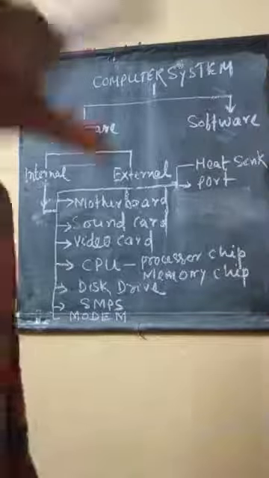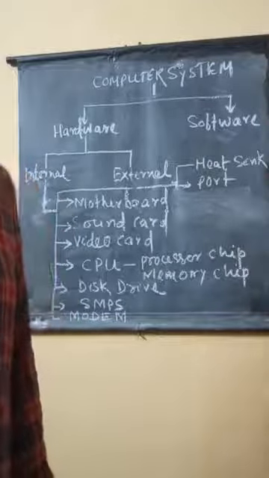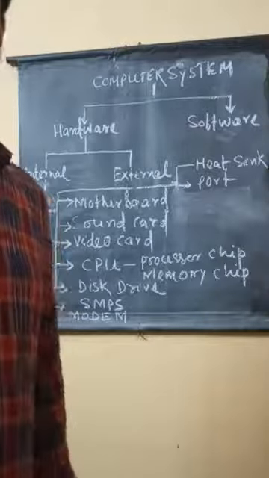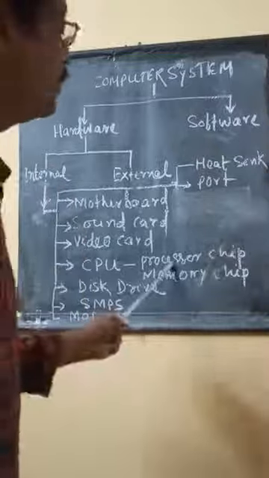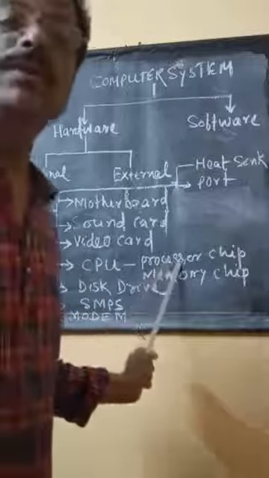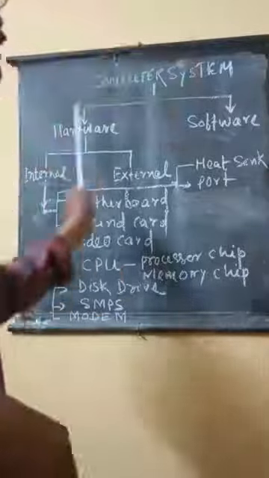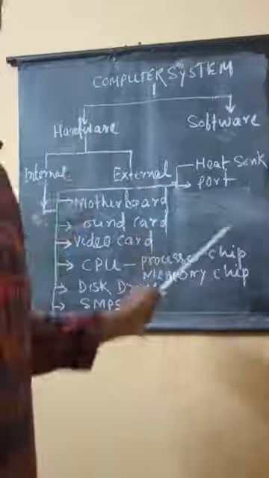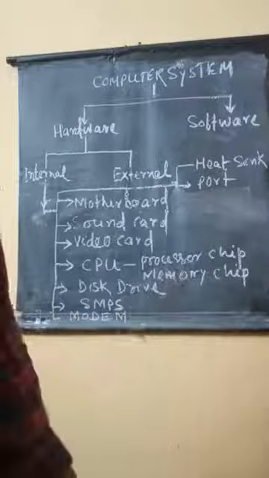It controls the entire device, just like in our human body, the brain controls all the organs of our body. In that manner, the control unit is also in the processor chip, and it can control all the functions of the computer system. The entire computer system can be controlled by the processor. That's the control unit of the processor.